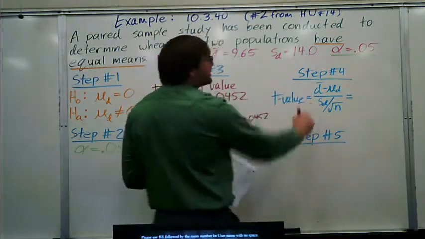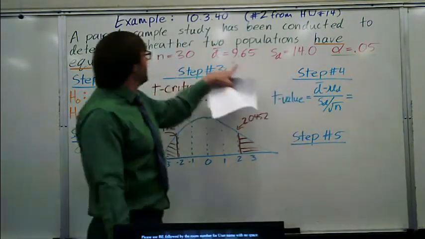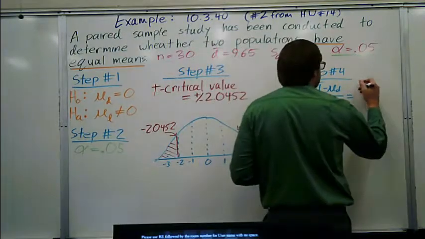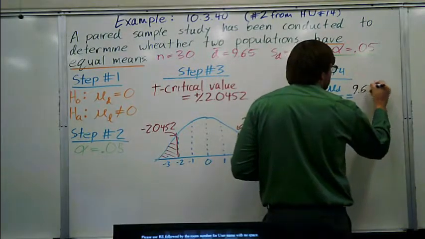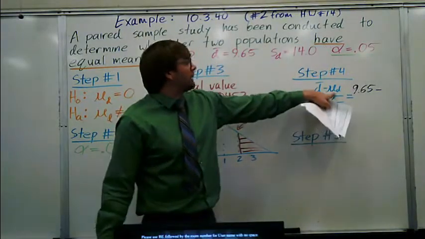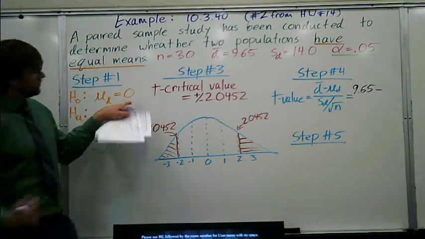We have the formula right here, which is our sample difference mean, which was 9.65. Subtract out now our hypothesized difference. Our hypothesized difference was 0, so plug in a 0.